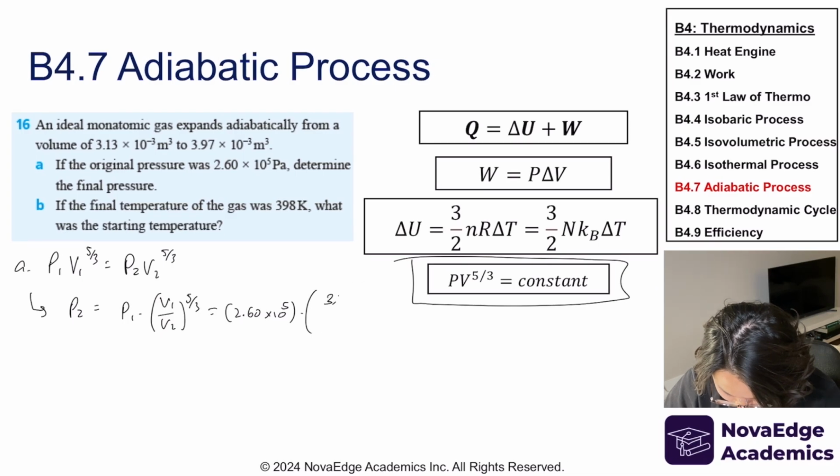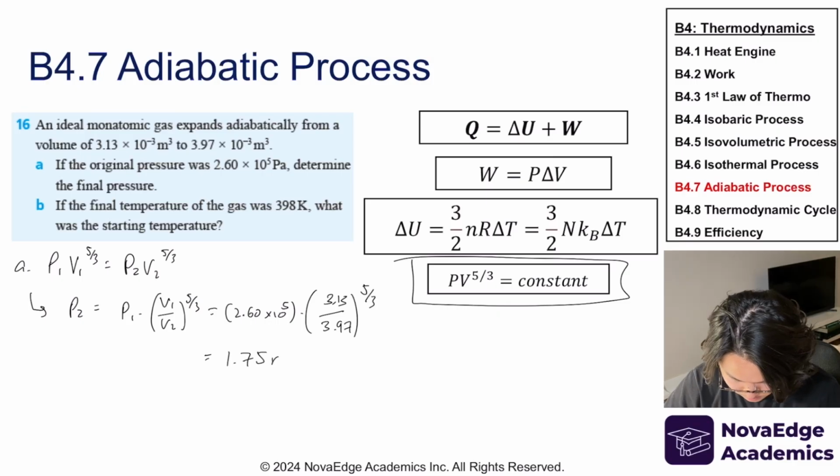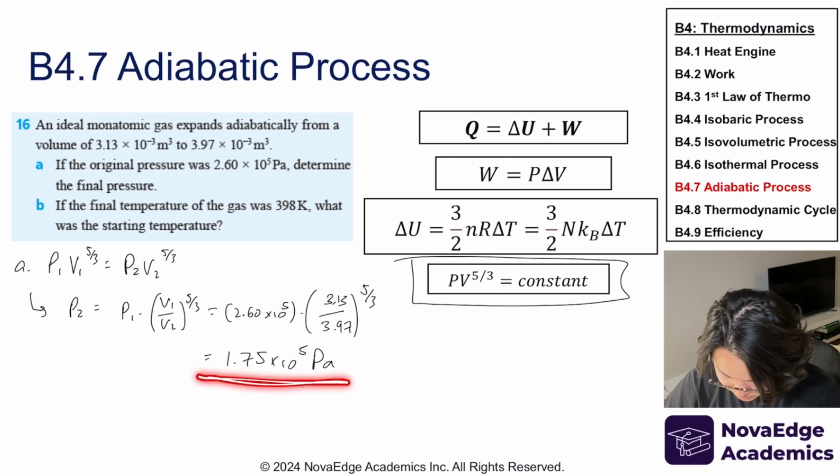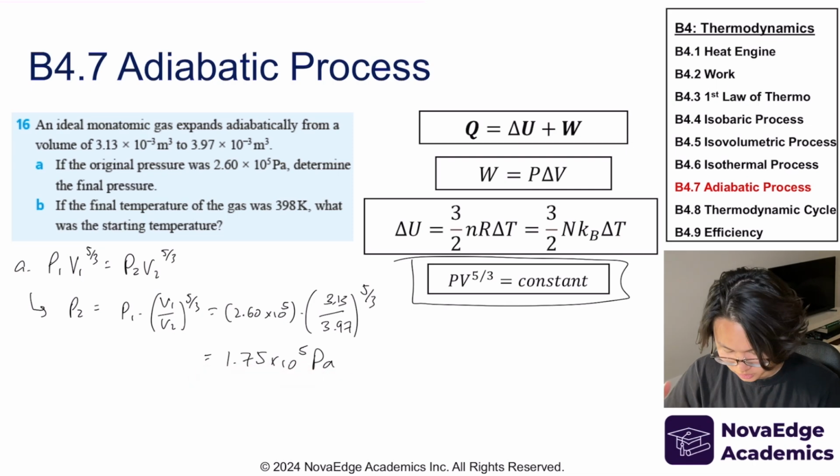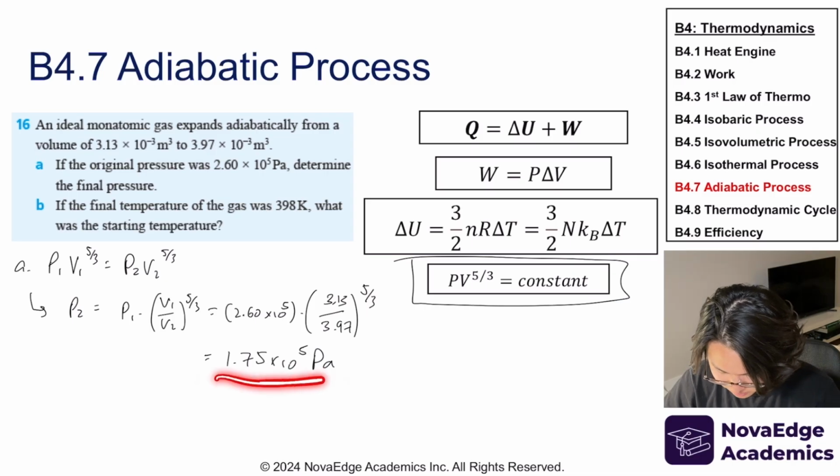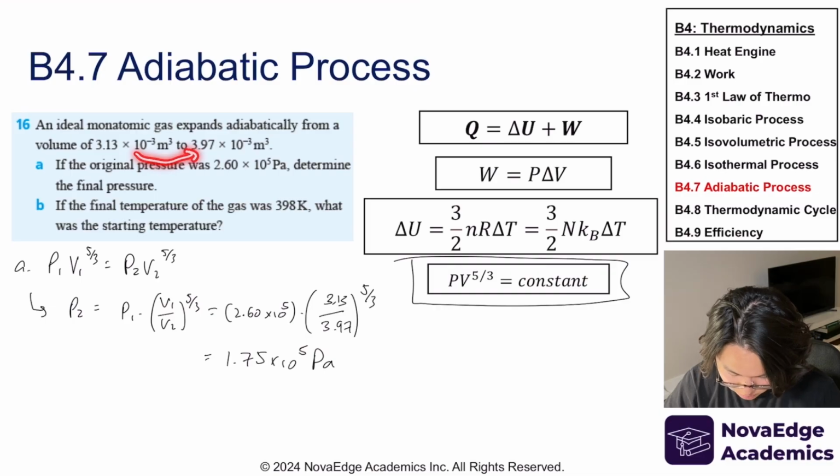And I always want you to make sure after you do it that you know it's logically sound. Right now I'm seeing that pressure decreased. Well, let's check. If volume increased, then pressure has to decrease, right? So that makes sense to me, so I think that's correct.